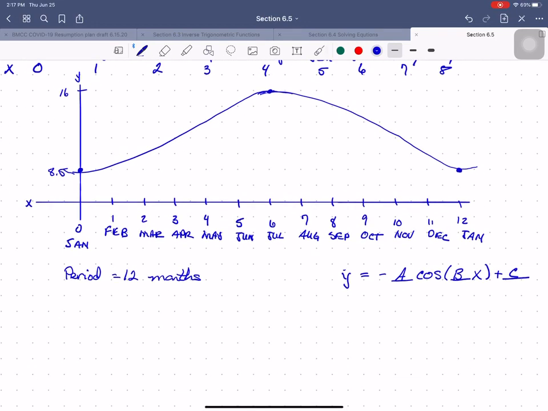All right. We can get to b. Remember that my period is equal to 2 pi divided by b, which means that b is 2 pi over 12, which means that this is pi over 6. Now we can get to amplitude too, because amplitude is half of that distance. In other words, that distance is 2a.